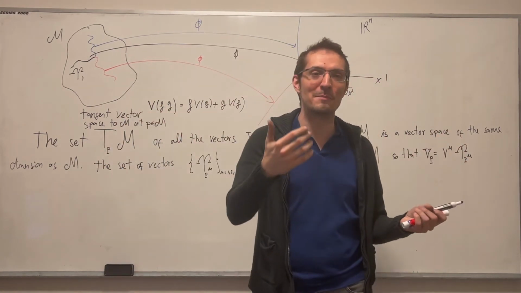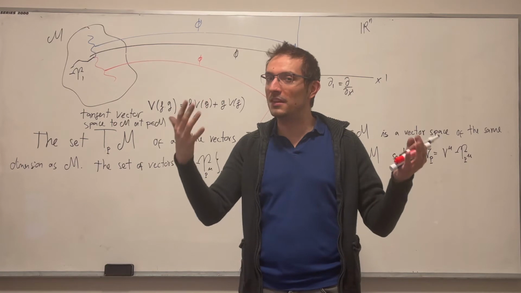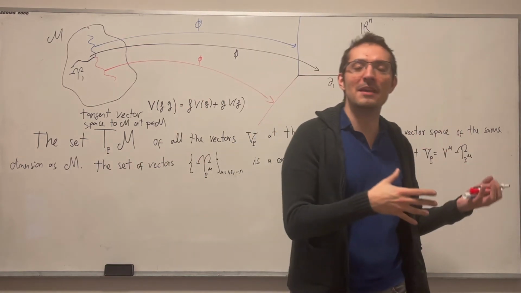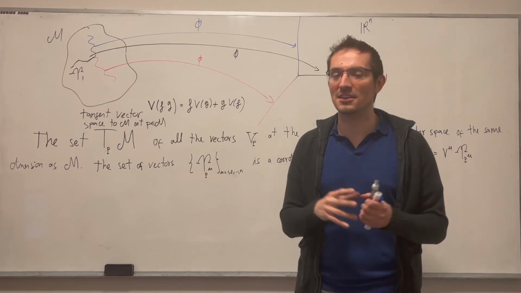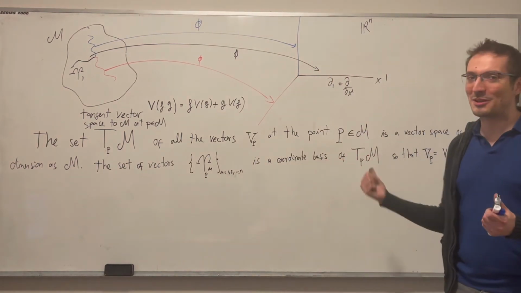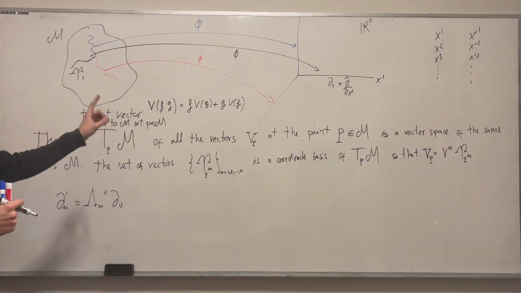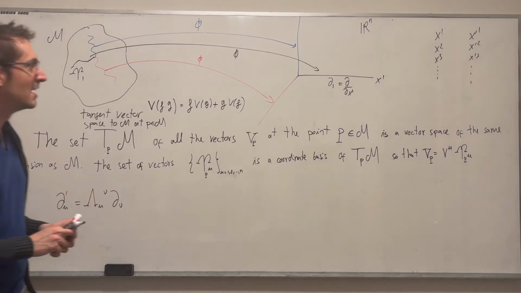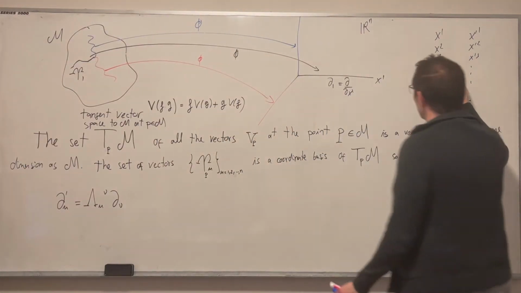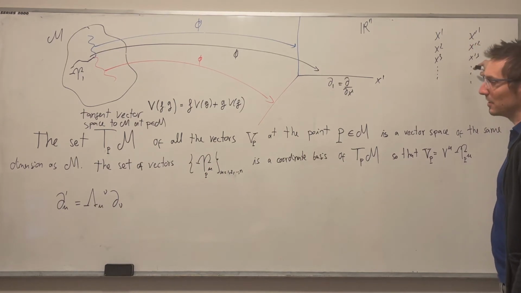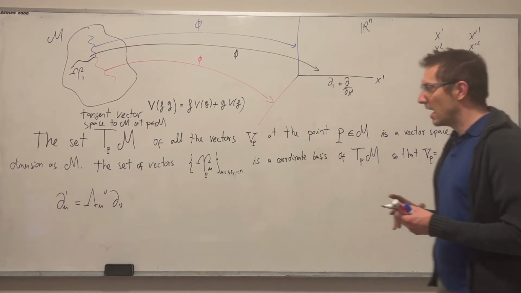If you remember from our second video, elements of the basis and prime to elements of the prime basis. How do we establish change of basis? Well, knowing that these are partial derivatives, it becomes rather easy, because I know how the partial derivatives are related. If I have two sets of coordinates, two phi's, so I have unprimed coordinates and then primed coordinates, two different sets of coordinates, how do they relate to each other?